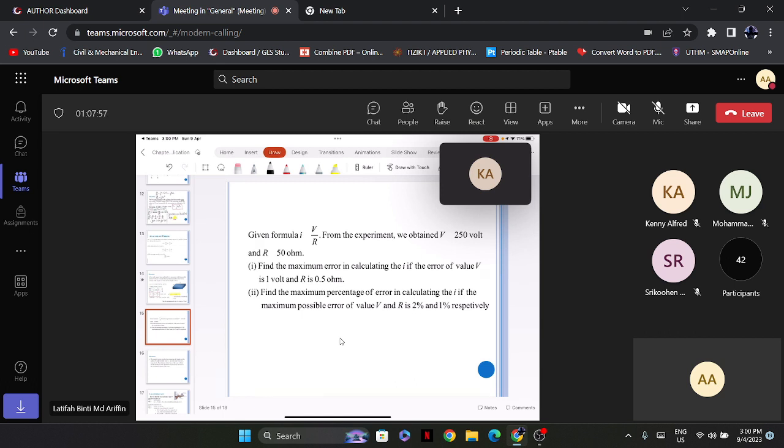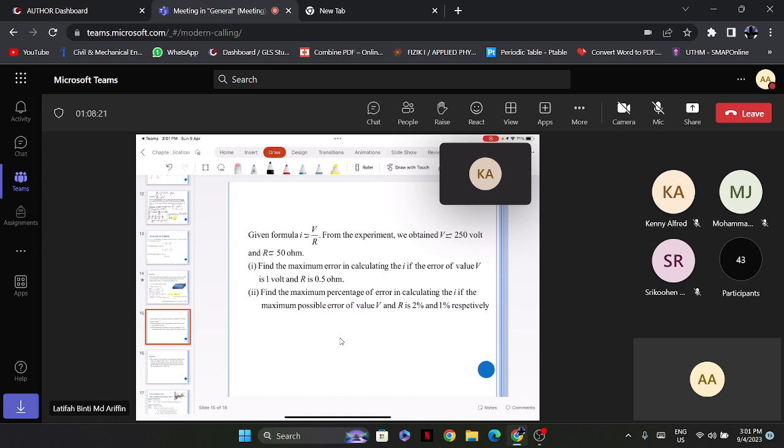Okay, given formula I equals V over R. From the experiment, we obtain V equals 250 volt and R equals 50 ohm.